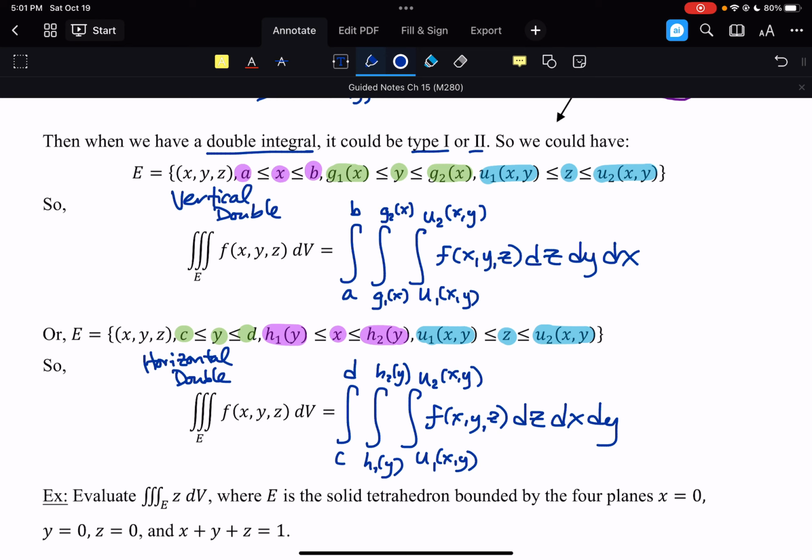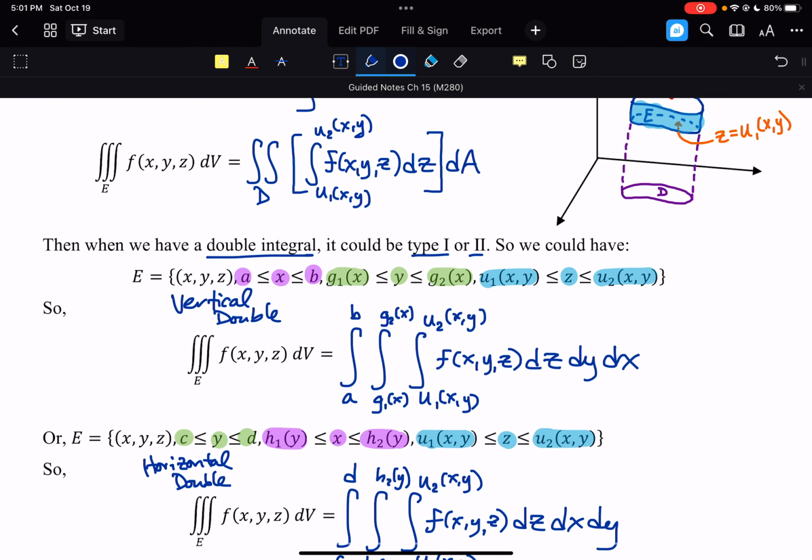And each of the cases is going to have these pairs where you evaluate the triple integral for the innermost one first, and then you evaluate the doubles either vertically or horizontally. The way that I like to set these up is more in line with the top formula up here, where we set up the 3D portion first, evaluate this innermost integral, and then once that part is done, then we can focus on the double after that.